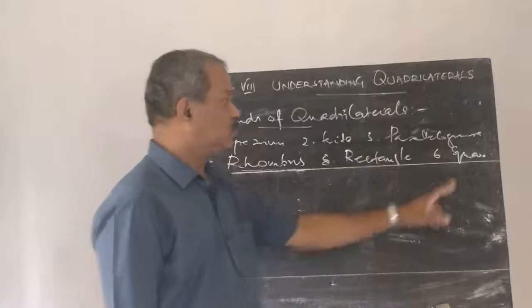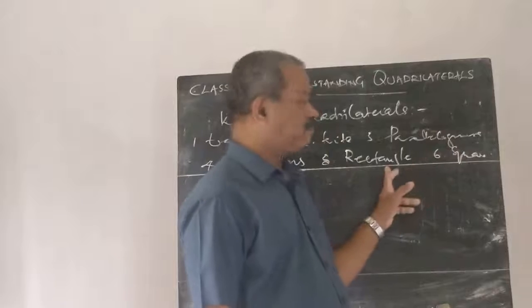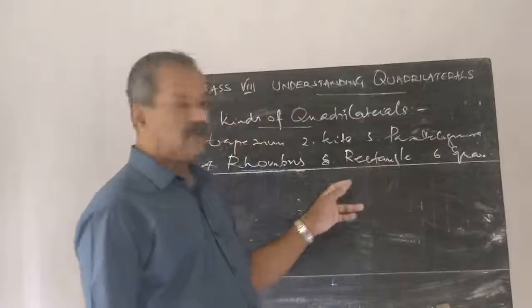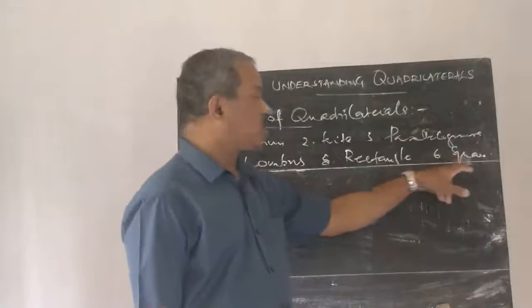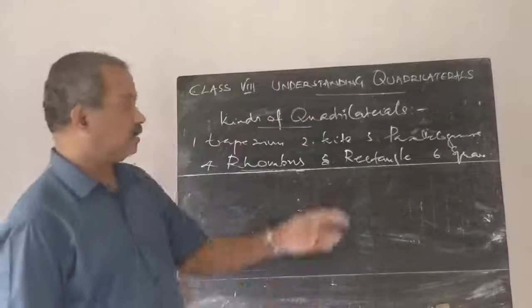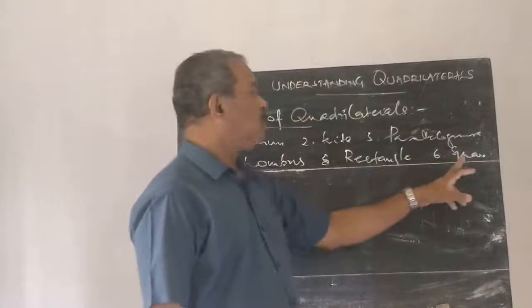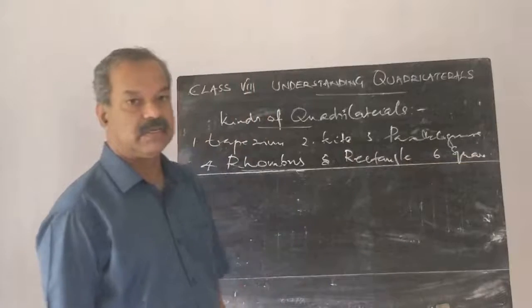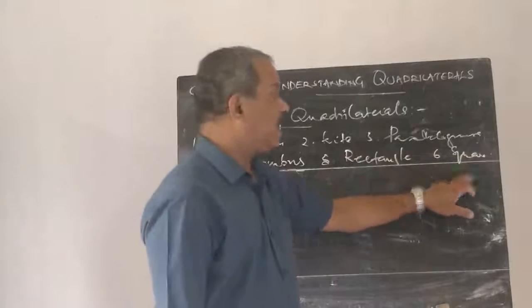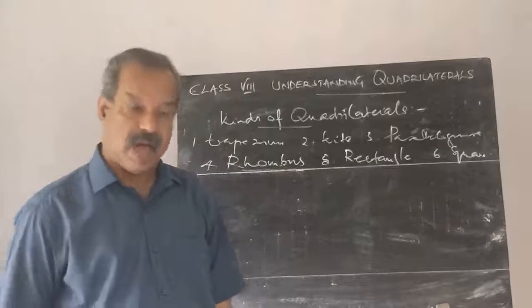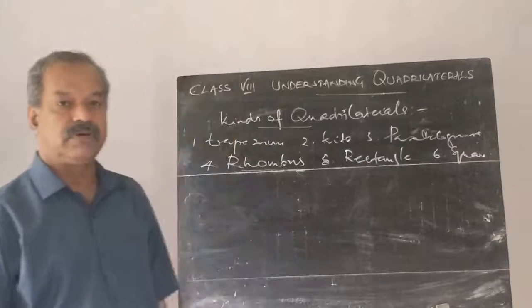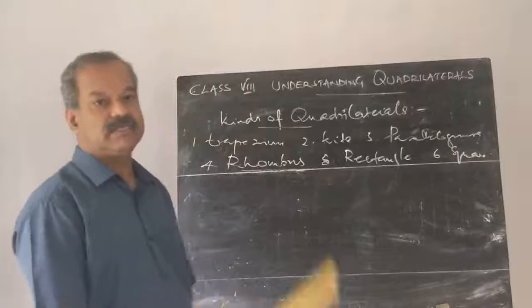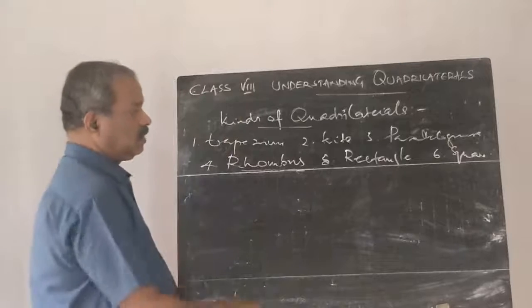Square is also a rectangle, and has one more property than rectangle. All the properties of rectangle and parallelogram are satisfied by a square. The diagonals are equal, and also perpendicular bisectors of each other.